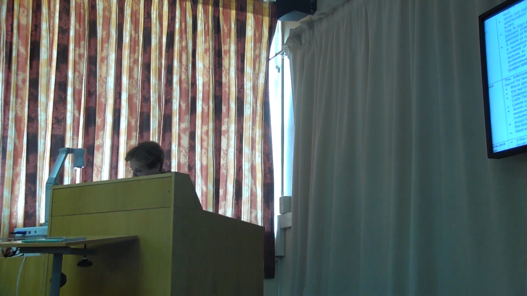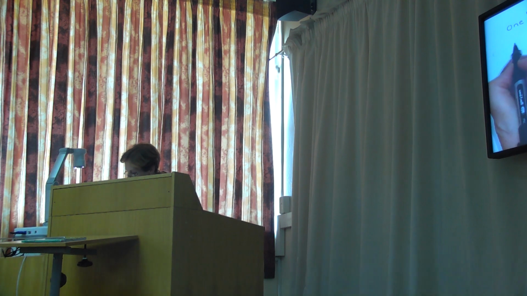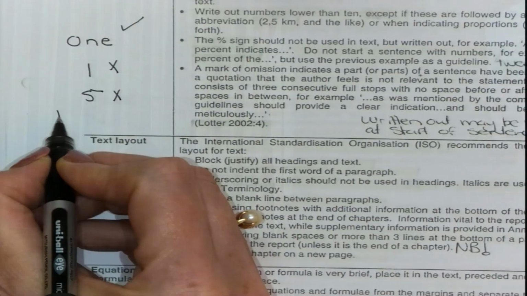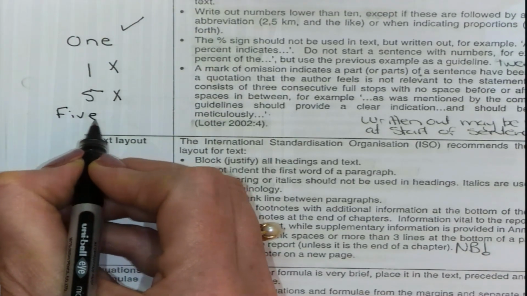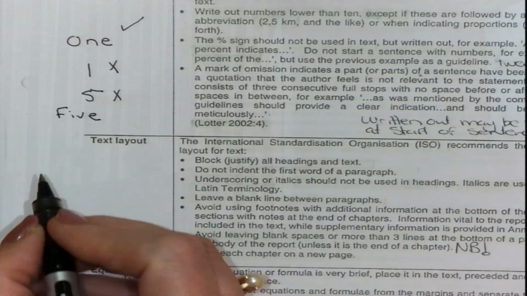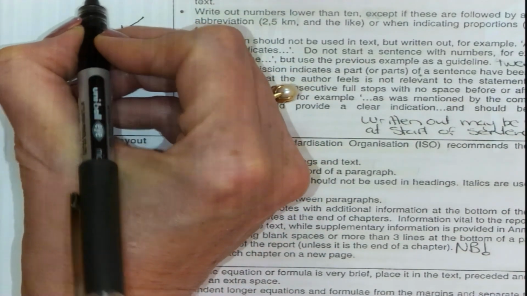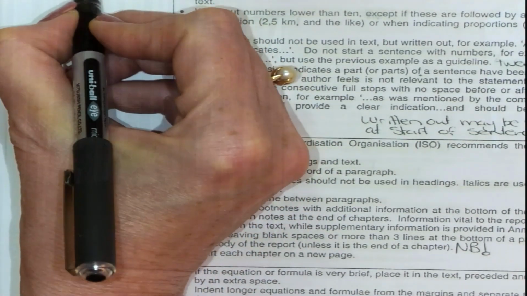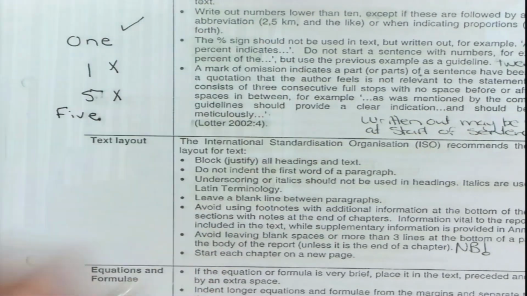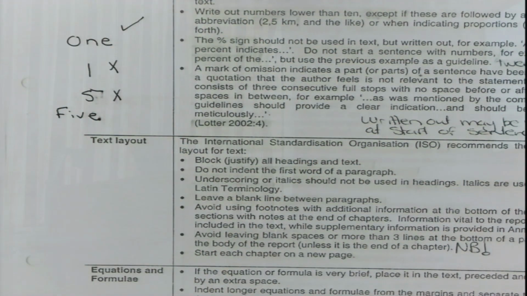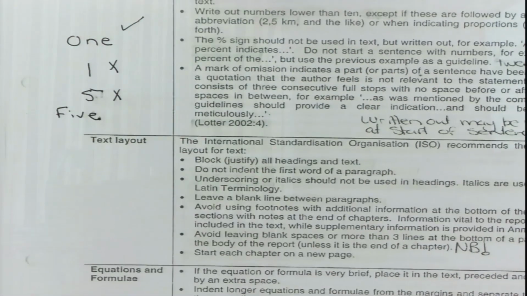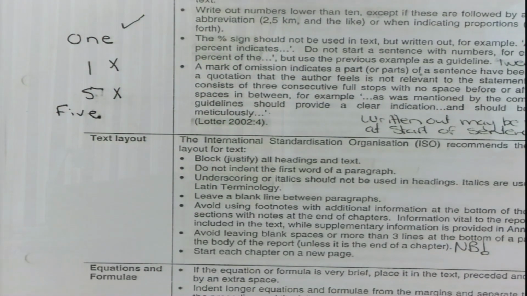This is right. Let me show you. Not 1. Not 5. You must write five. Okay. We write ten. No. We write 10, like so. Okay? All happy? Remember this rule. This is a writing rule of UT.